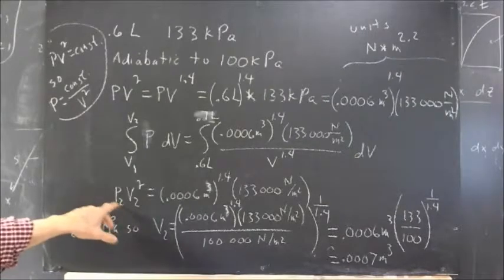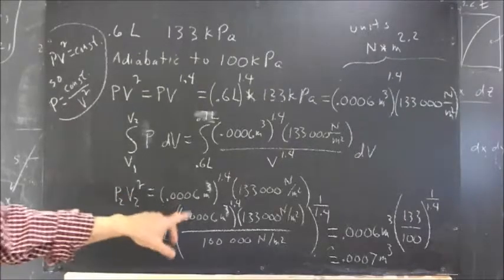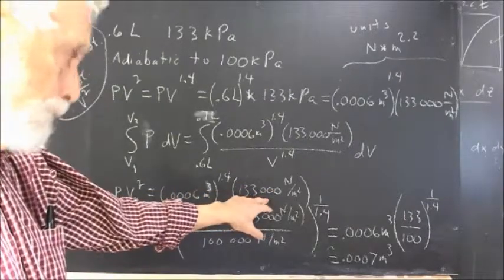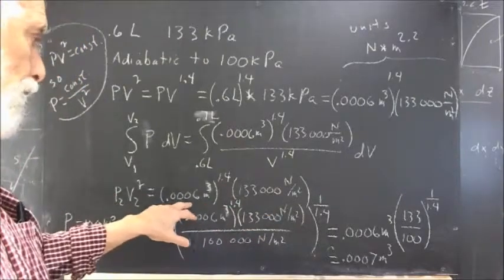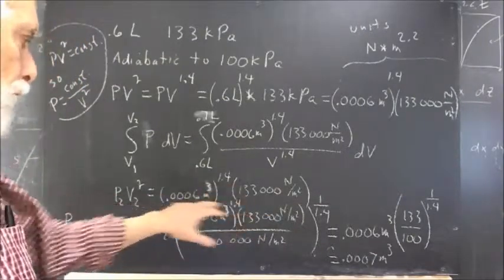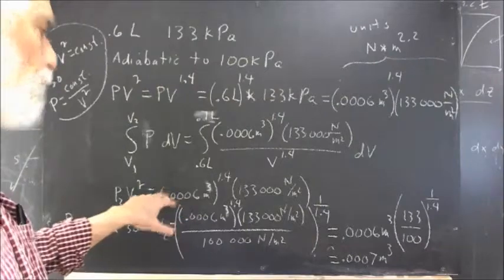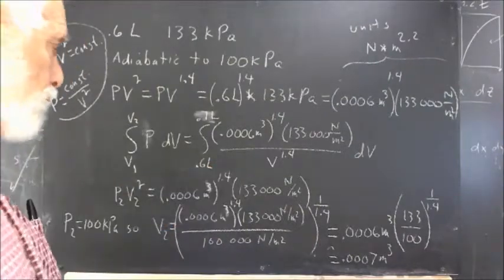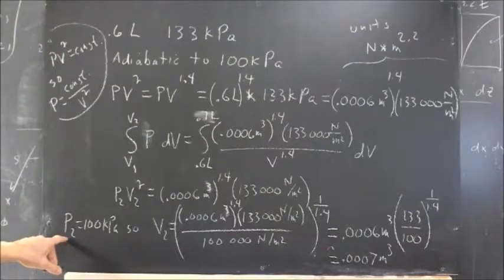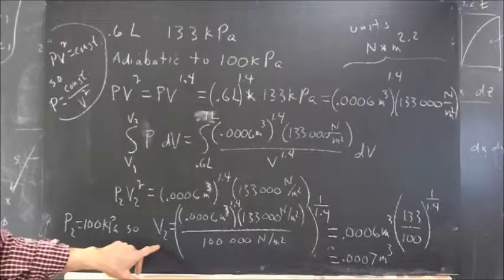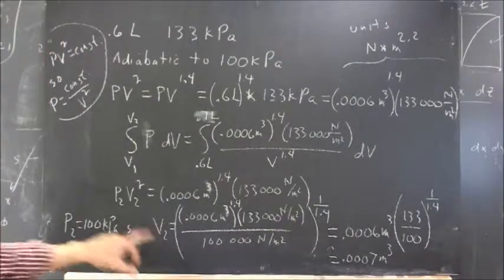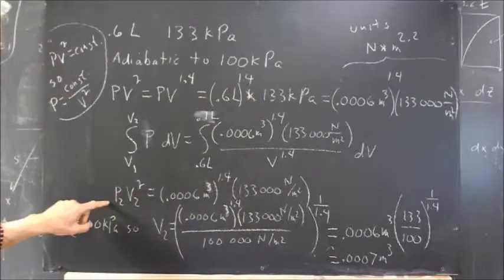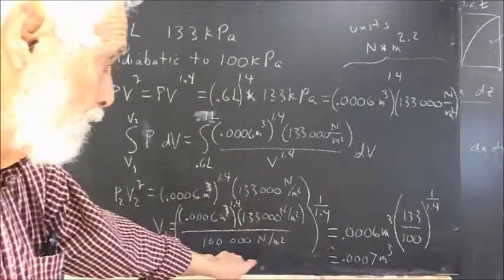Okay, so we know that P2 V2 to the gamma is equal to P1, which is our 133,000 pascals, times our volume, 6/10,000ths of a cubic meter raised to the 1.4. The second pressure is this, so the second volume is, well, this divided by P2. So here's the expression.